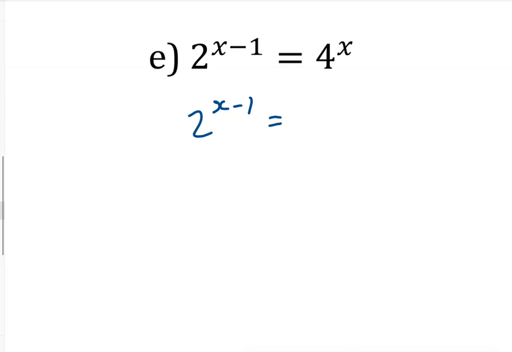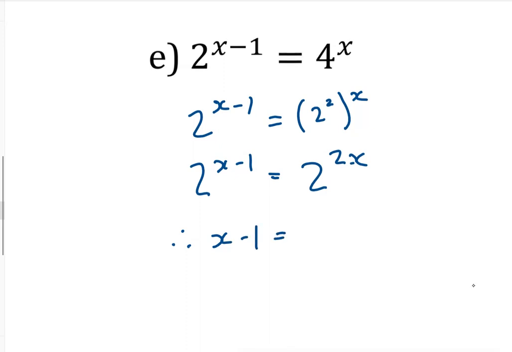The other thing that you might have noticed is different is it's a binomial. It's x minus 1, right? So that's not really going to change things too much, but subtract x from both sides. And we're done.